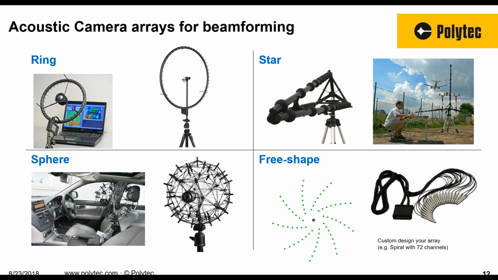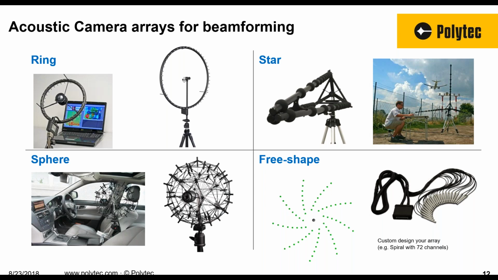The sphere, bottom left, is used for interior measurements, cabin measurements of cars, room and building acoustics. As you can see, it has microphones facing all opposing directions. It's acoustically transparent, so you have no sound source doubling on the surface of the array as if it were a solid sphere.